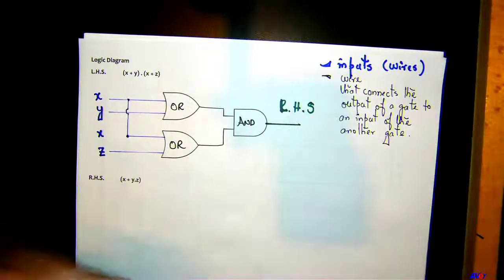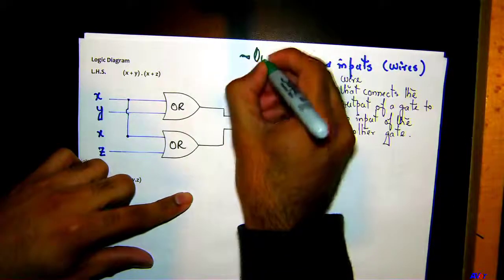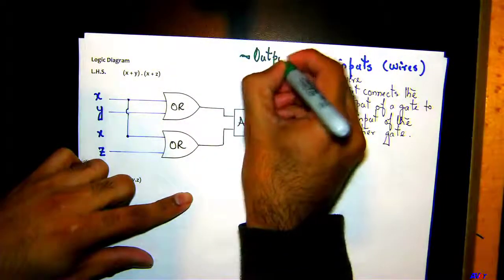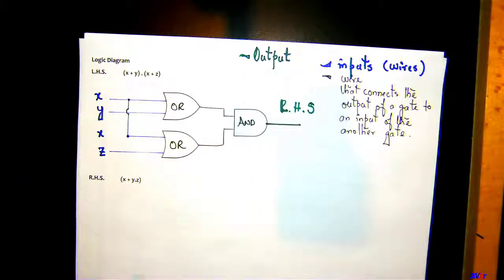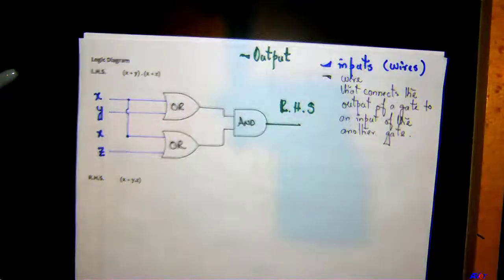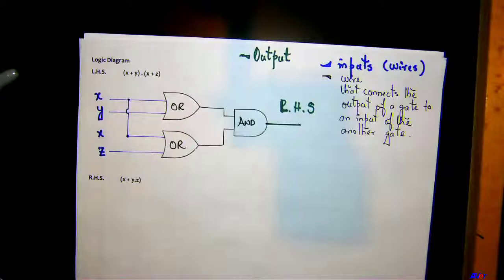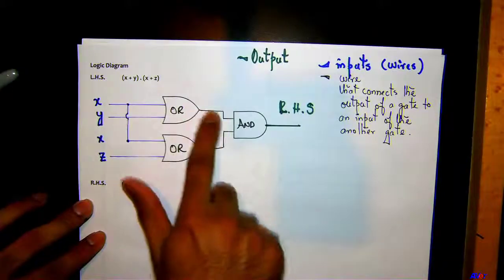Okay, and anything that you see in green is basically your output. So this should really help you to come up with a Verilog code, because you know what are your inputs. Your inputs are in blue, which are going to be X, Y, and Z. You know your output is going to be LHS, and the wires are going to be these right here, that coming out of the 2 OR gates.